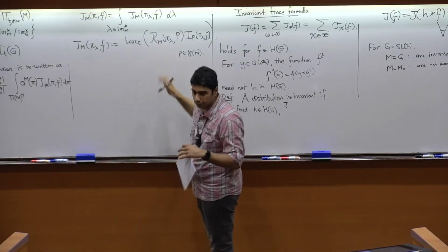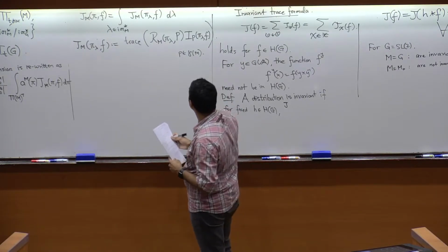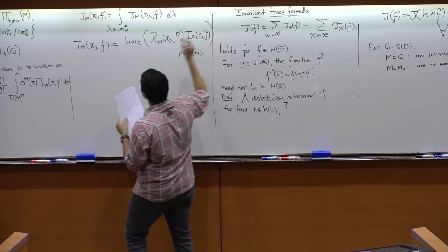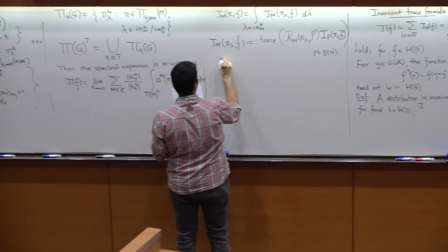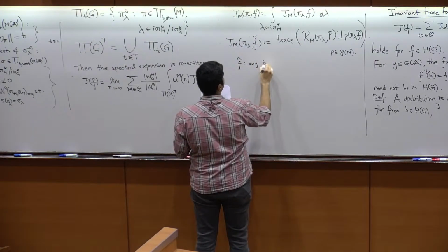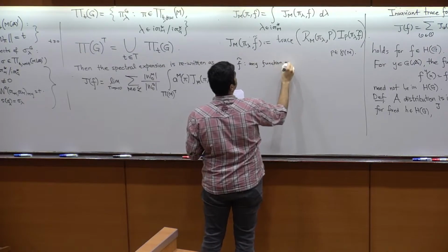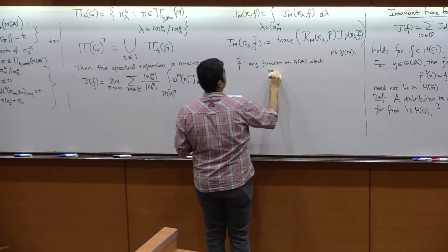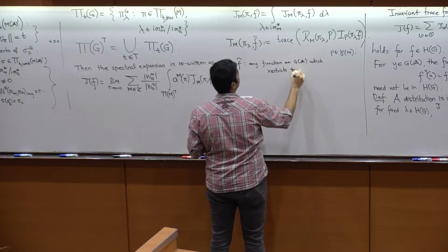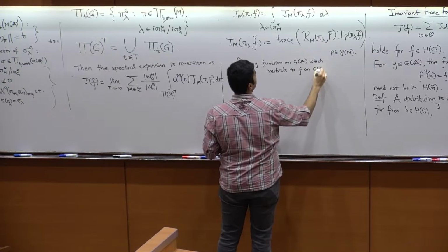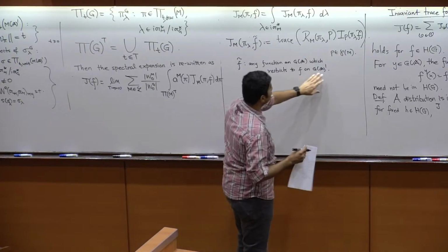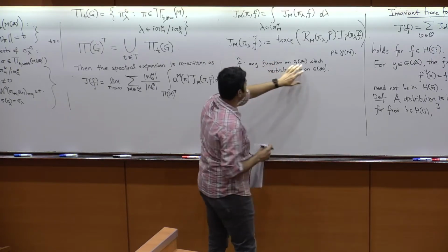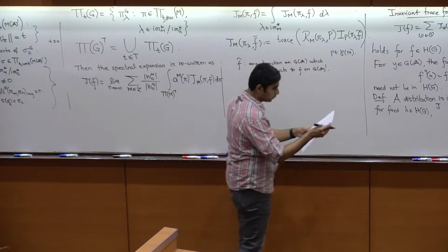So this is that term here, and one slight thing is there is an f tilde here, and f tilde is any function on G(A) which restricts to f on G(A)^1. So f is initially defined on G(A)^1. You take any function which is defined on the larger G(A), and you integrate that. It doesn't matter which function you choose.